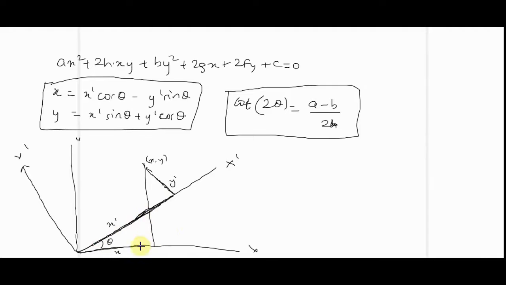Okay, now we want to find a relation between x, y and x prime, y prime. So we draw a line from here to here and we consider this whole length.